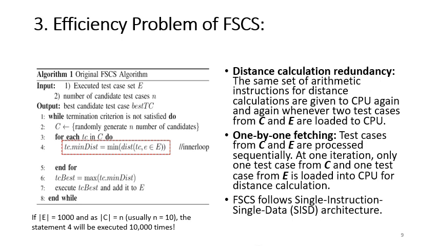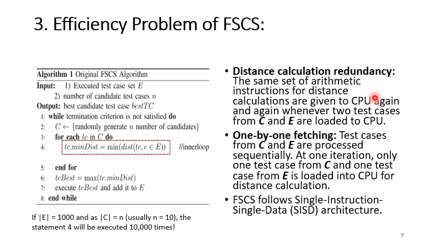As shown in algorithm 1, it can be seen that statement 4 is executed the size of the candidate test case set multiplied by the size of the executed test case set number of times. If the size of the executed test case set is, let's suppose, 1000 and the size of C is n, which is usually 10, statement 4 will be executed 10,000 times. So this leads to two main problems.